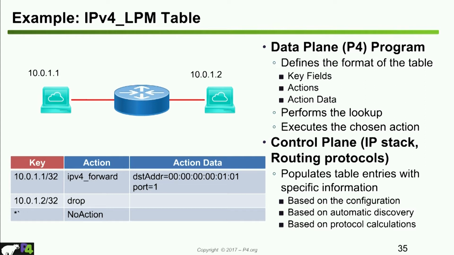The control plane, on the other hand, is responsible for populating the table with entries. There can be many different control mechanisms for adding and removing table entries, for example, based on network operators' default or manual configuration, or automatic discovery, or routing protocol calculations. But really, both of these planes have to work together to make IP routing work properly.